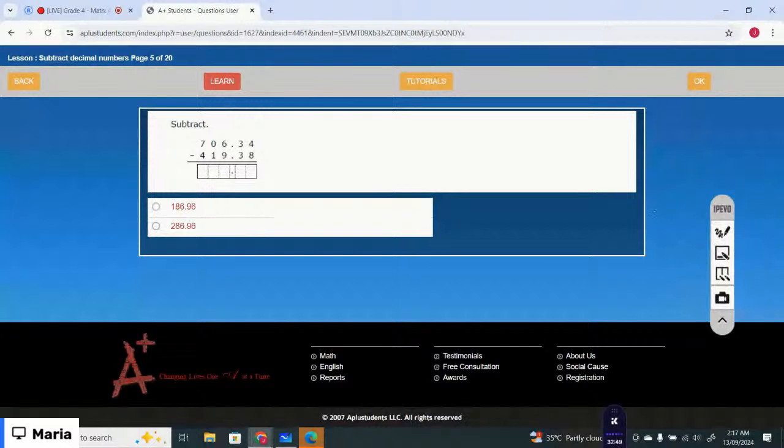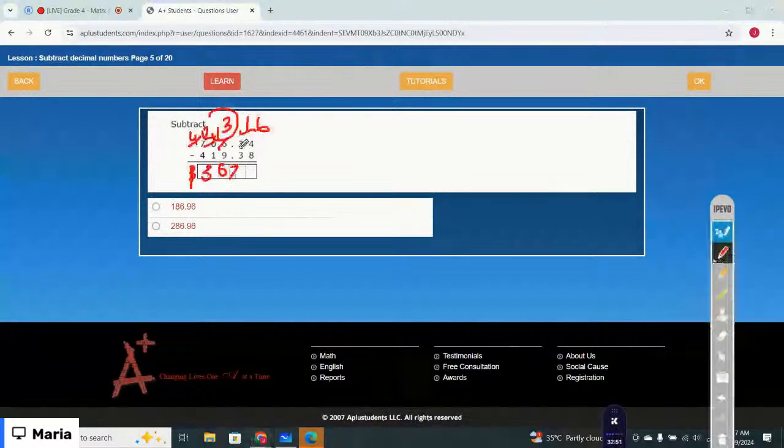Let's just evaluate, right? So you cannot subtract 8 from 4, because 4 is smaller and 8 is greater. That means you need to borrow 1 from here. That makes 2 here and 14 here. So 14 take away 8 is 6. Now you cannot subtract again, the greater number from the smaller one. You need to borrow 1, 5 here and 12. 12 take away 3 is 9. 5 take away 9 is 3.